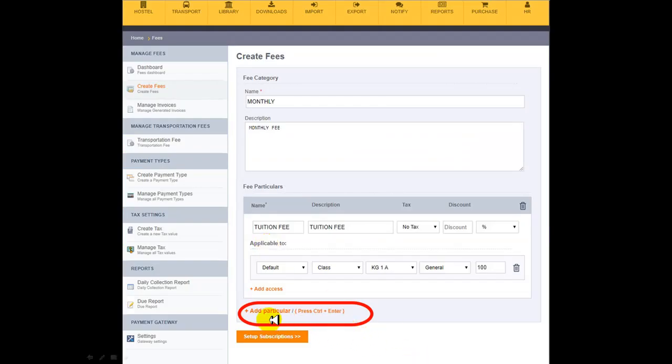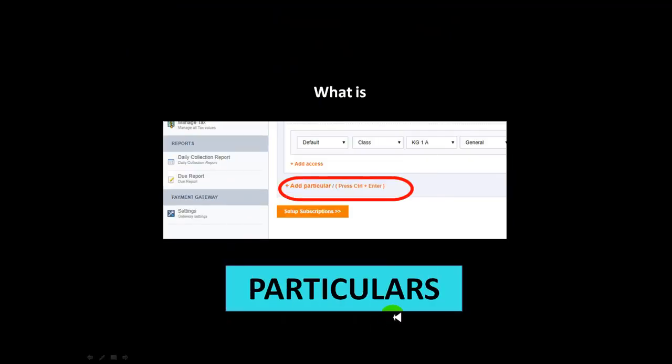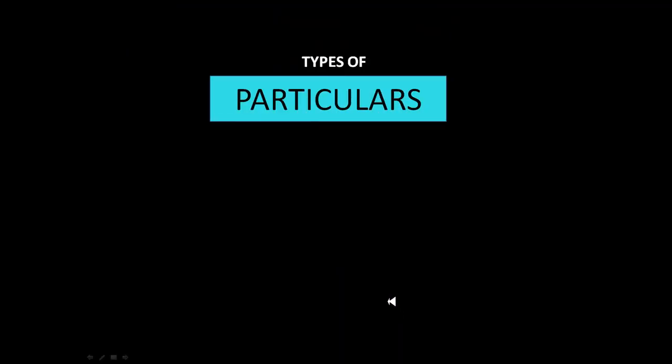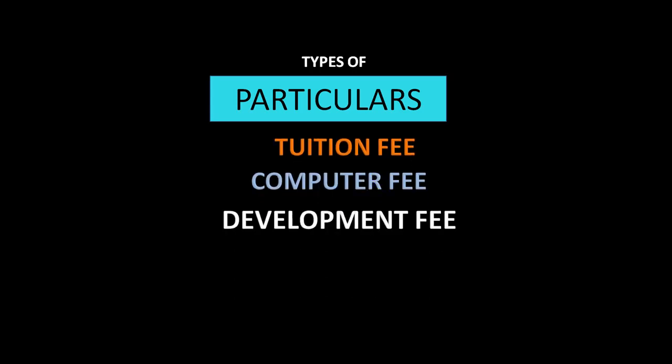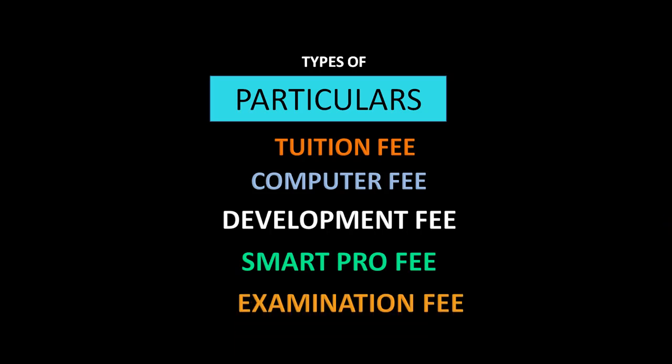Second, if you see, there is one more plus, add particular. What is its function? To understand that, first understand what a particular is. Particulars are the tuition fee, computer fee, development fee, Smart Pro fee, examination fee.